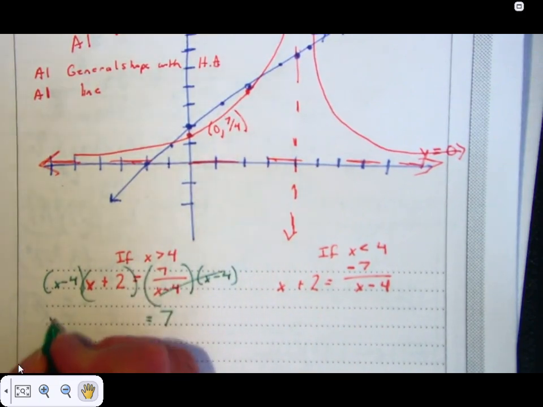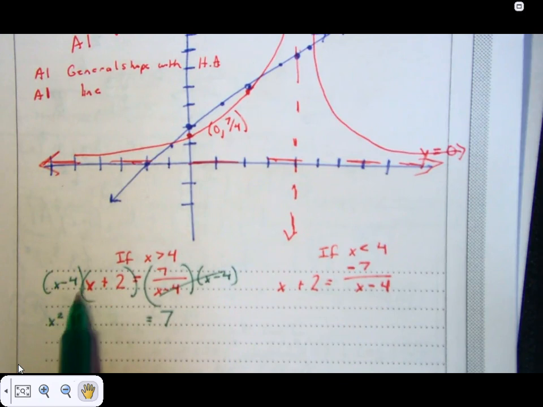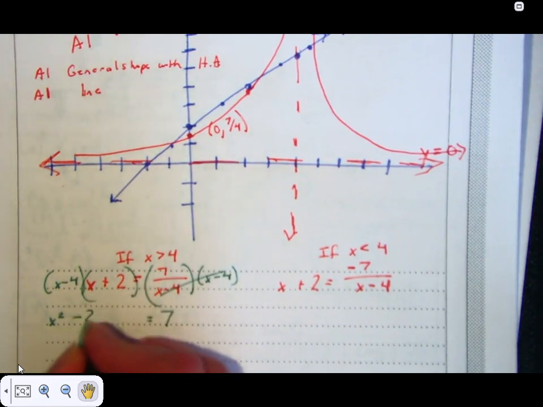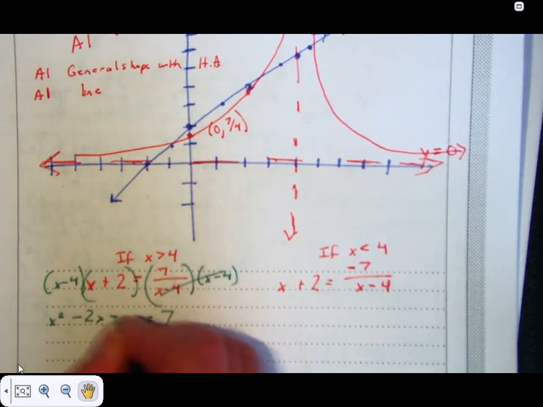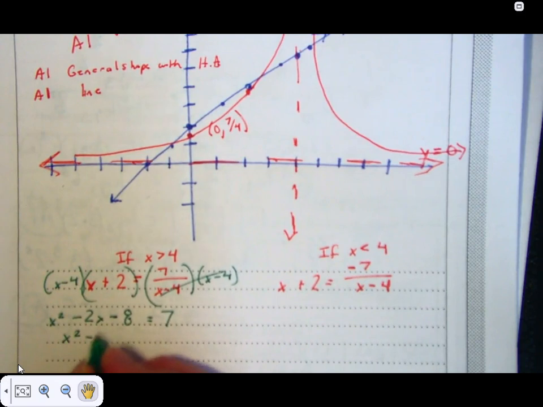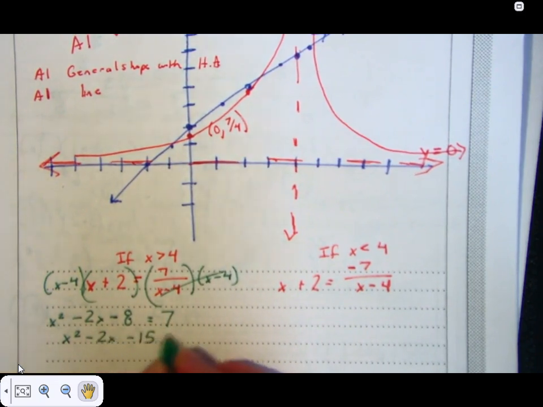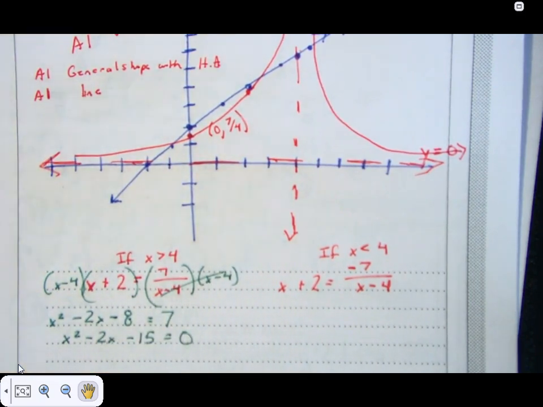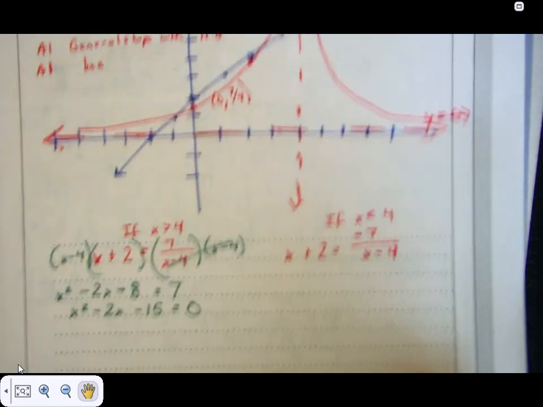Okay, so you'd have x squared plus 2x minus 4x, so minus 2x, and then minus 8. And that's a quadratic, so you should get everything on one side. And this one you should dance a jig because it's something you can factor.